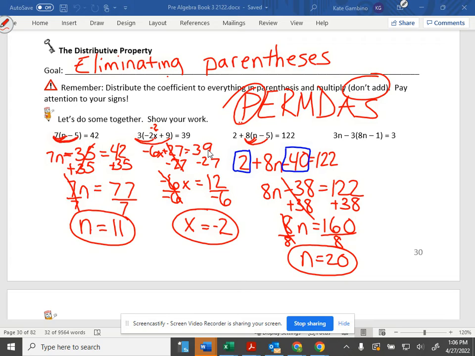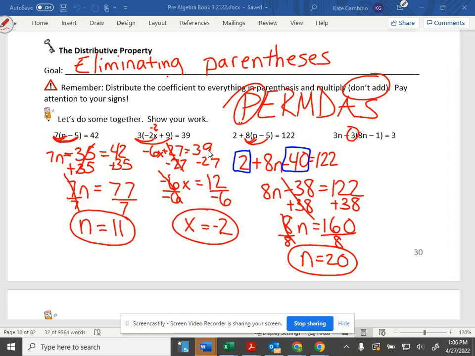Leah, how do you know which number to use outside of the parentheses? It's always the one that you're multiplying the parentheses by. We know we're multiplying because it's the number that's touching the parentheses.